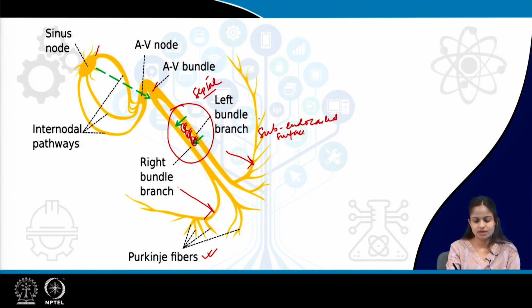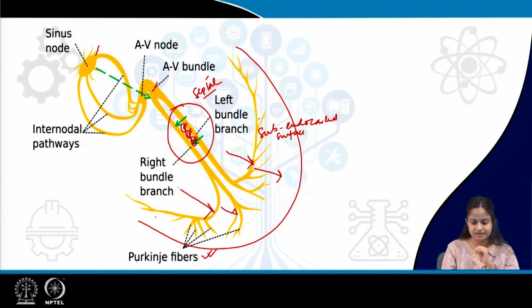Subendocardial surface means towards the inner myocardium, so the depolarization wave will pass from the inner myocardium to the outer myocardium. If this is the apex, this is the inner myocardium and this is the outer myocardium or epicardium.